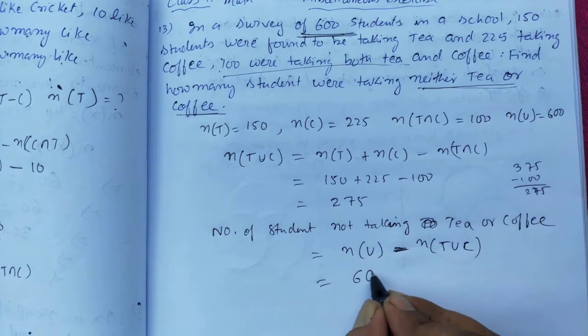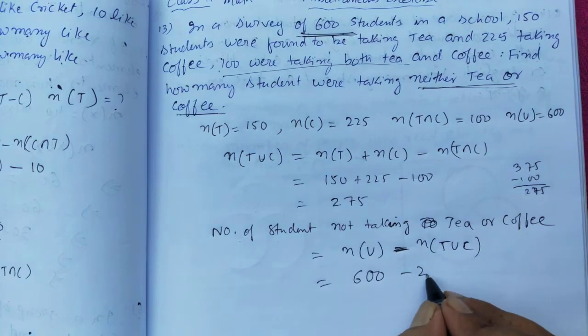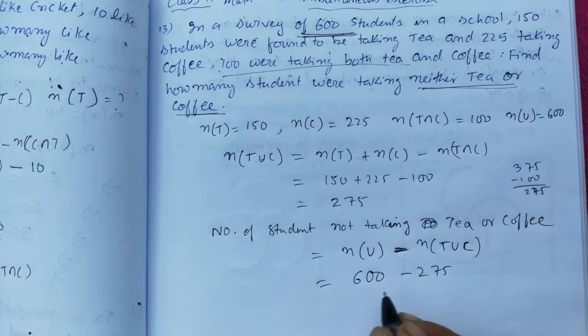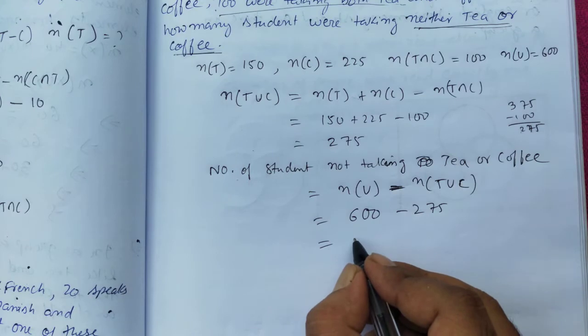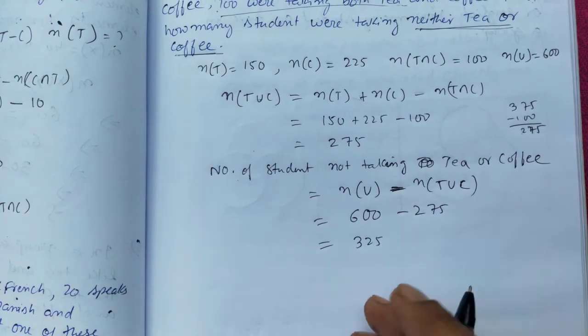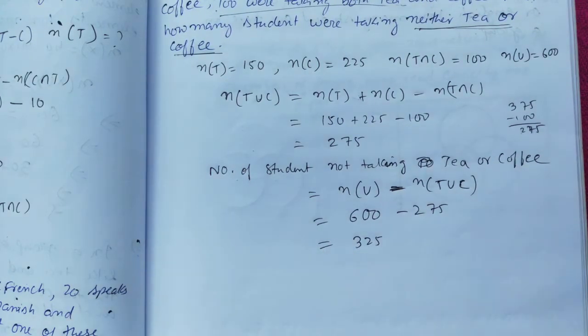So there are 600 students and you are subtracting 275 who are taking tea or coffee, and you're getting 325. So 325 students are not taking anything. Let's go to the next question.